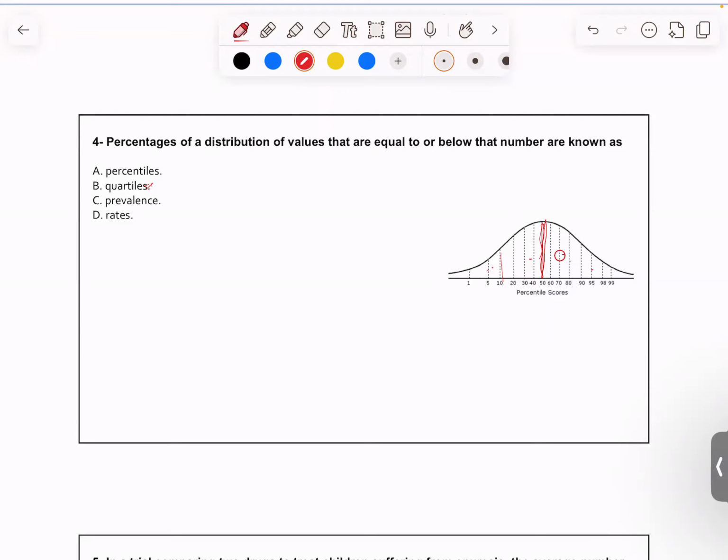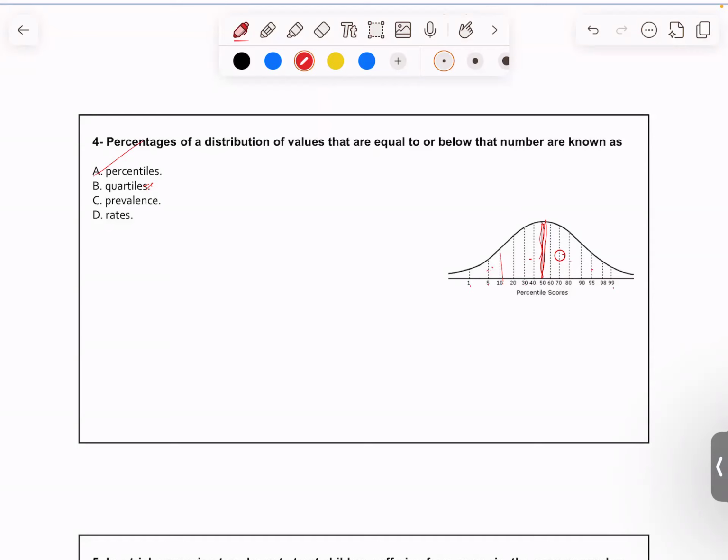So when I say the data is divided into quarters, I call it quartile. When it is divided into percentages, I call it percentiles. Now, in the question, it says percentage distribution of values. Percentage means divided by percent, by 1%, 5%, 10%, up to 99%.